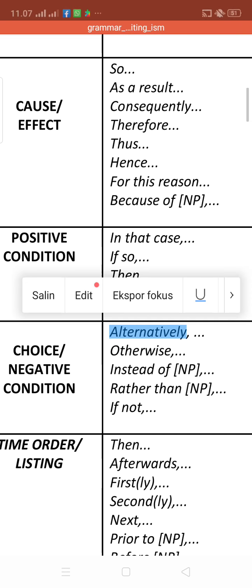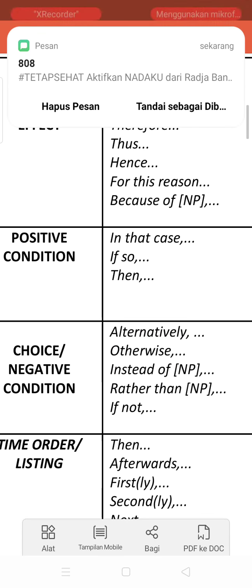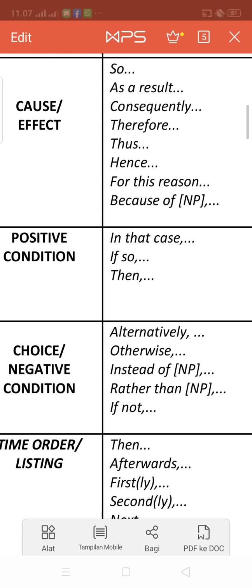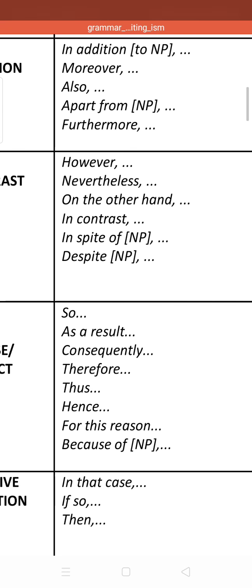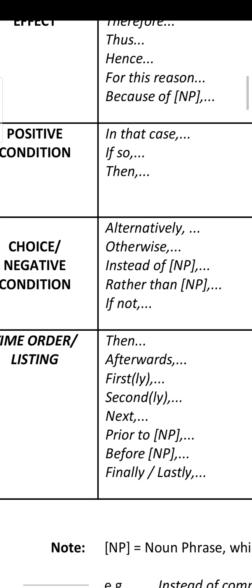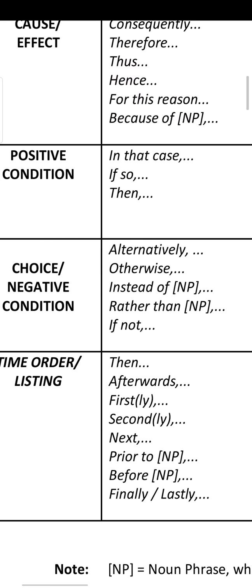Next is the positive condition. For positive condition, we can use the sentence openers we use in the beginning to show positive condition, which is "in that case". For example, there is a description about such condition for today. This is the example: COVID-19 today has broken down the economic situation in our country.